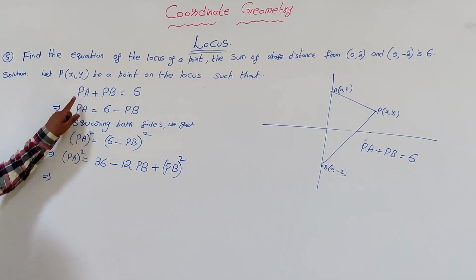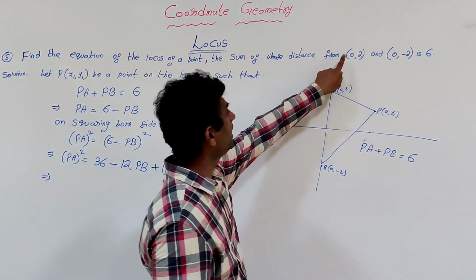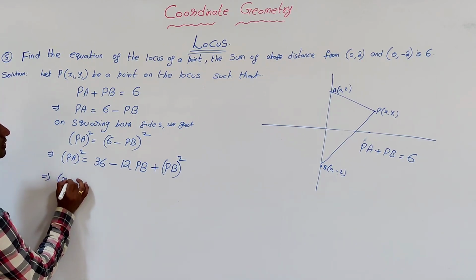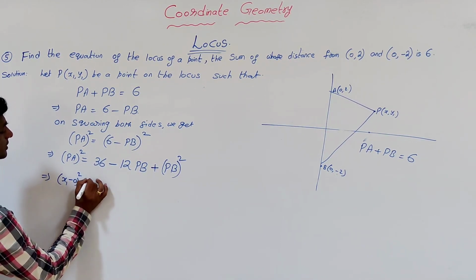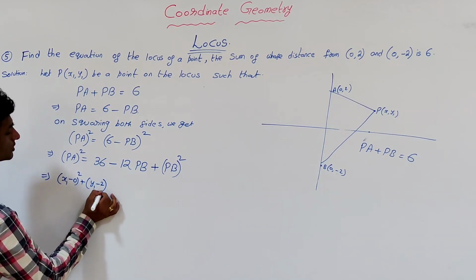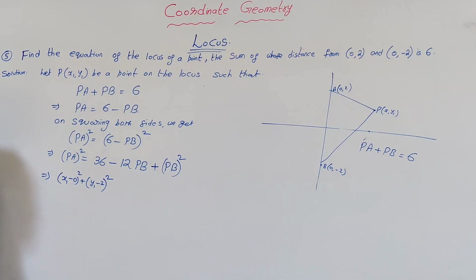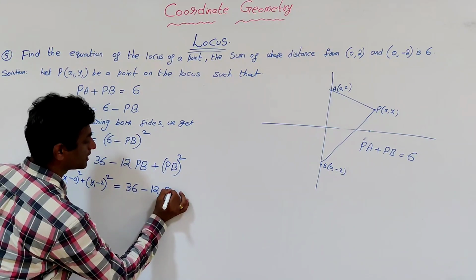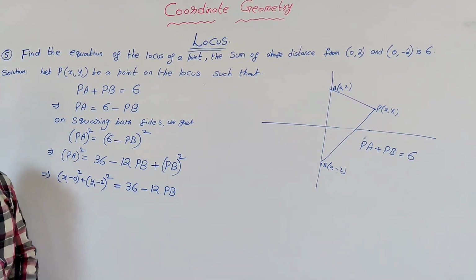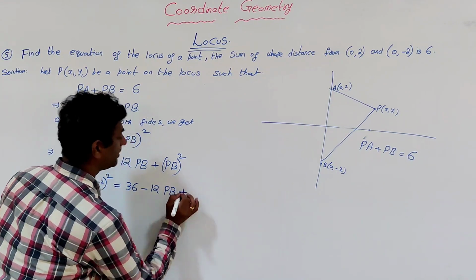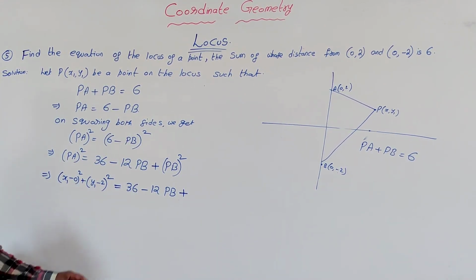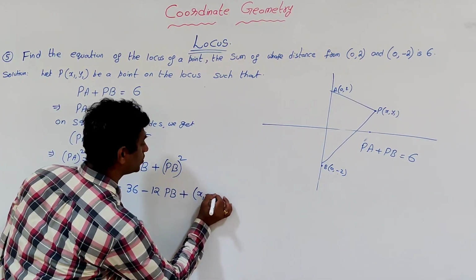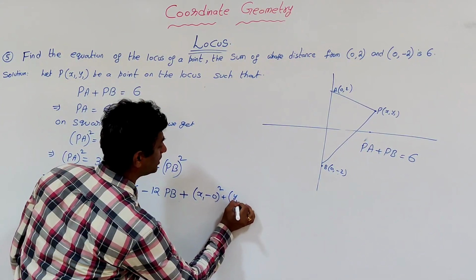Now what is the distance PA, from P to A (0, 2)? That will be (x1 minus 0) whole square plus (y1 minus 2) whole square. The square root and square get cancelled, equal to 36 minus 12 PB, where we keep PB as it is, plus PB square, again the distance from P to the point B: (x1 minus 0) whole square plus (y1 plus 2) whole square.